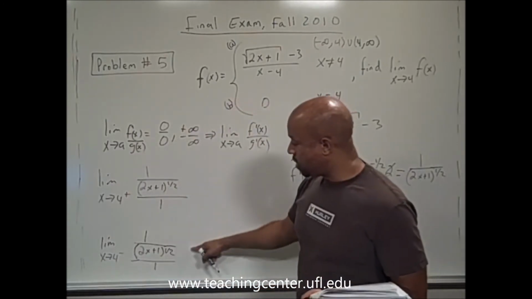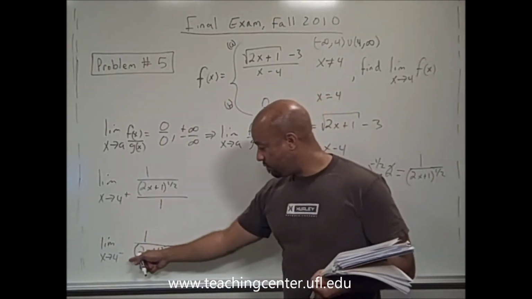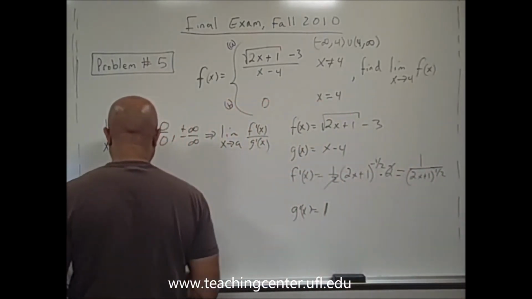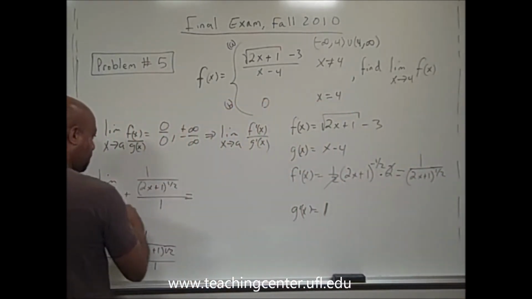Okay, so these are our new limits as we're approaching 4 from the right and 4 from the left. And we can evaluate these limits by putting in a number slightly greater than 4.